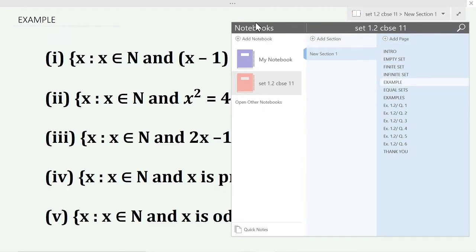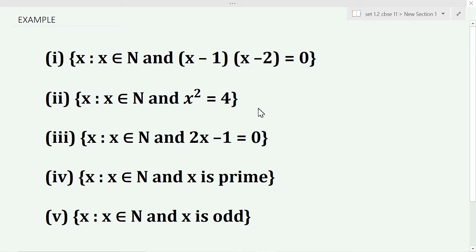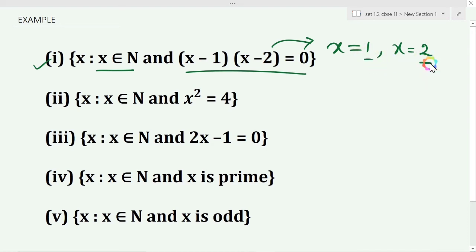Okay, now let us take some examples of finite and infinite set. Okay, first set, the elements of first set is x such that x is a natural number and it satisfies this equation. If we solve this equation, we get x equals to 1 and x equals to 2. Now 1 and 2 are natural number.